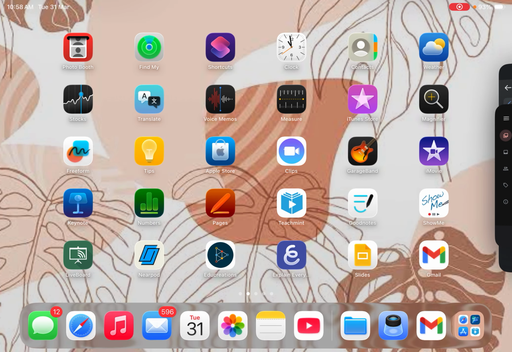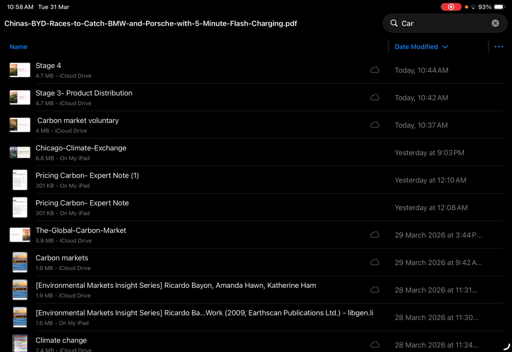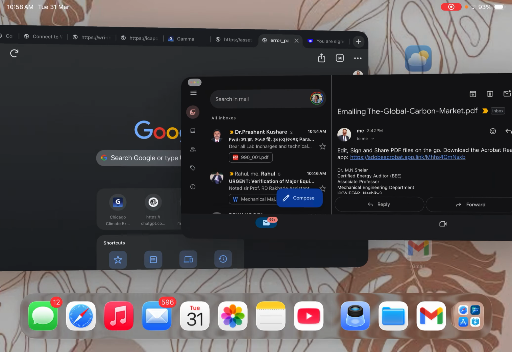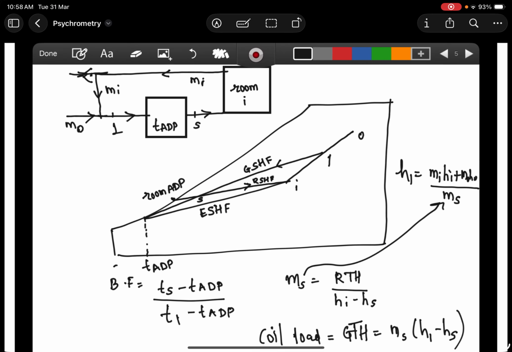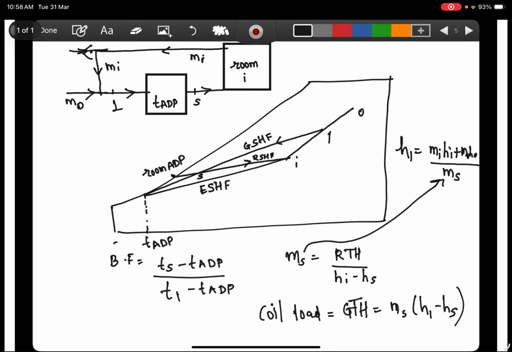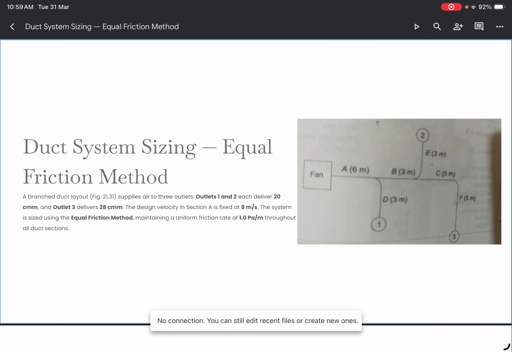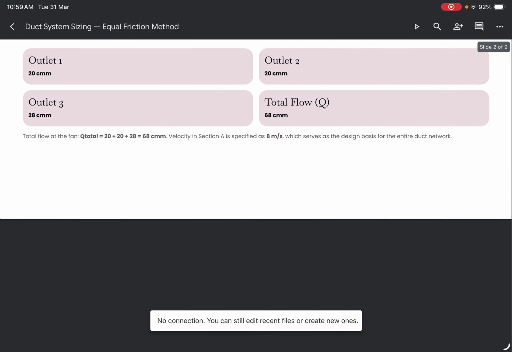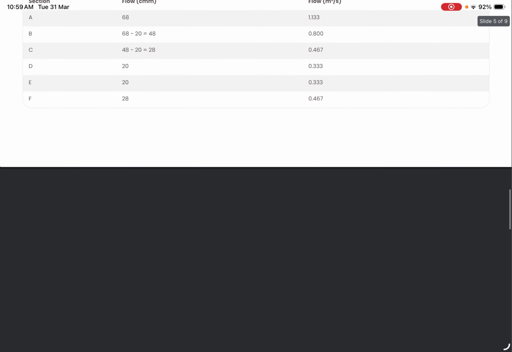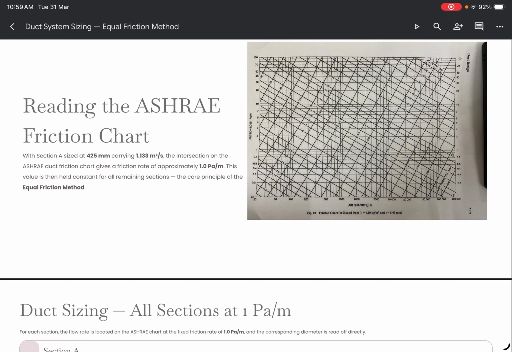Okay, as I was showing you here, the quantity and friction loss are represented on the friction chart, and you can read the diameter directly here.